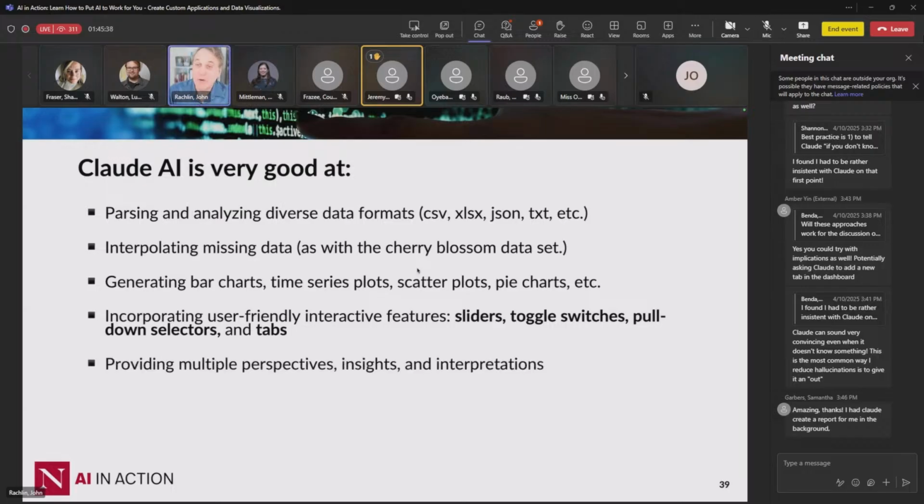And ultimately, you can talk to Claude and have it help you interpret the data and identify important insights and perspectives. And it is an interactive process. Sometimes you do need to talk to it and ask it to make changes, but usually it handles those quite fine.